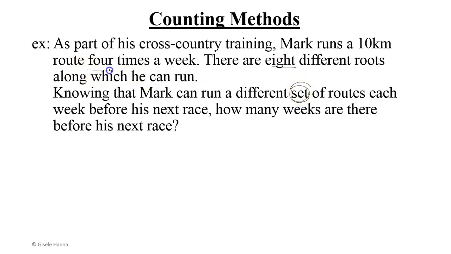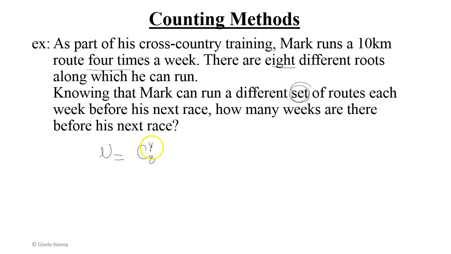However, he runs 4 times a week. So out of these 8 different routes, he needs to choose 4 routes a week. And we've already agreed that this is done without order. So it would be a combination of 4 out of 8, because to complete a weekly practice, he needs to cover 4 routes out of the 8 available routes.